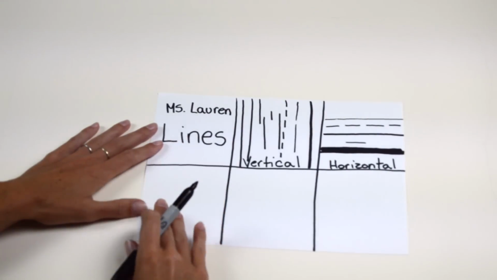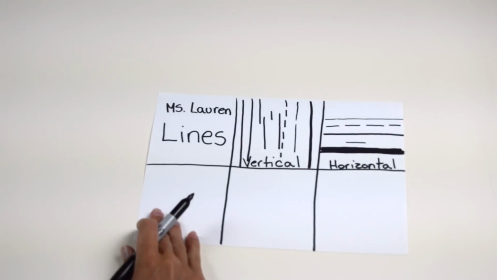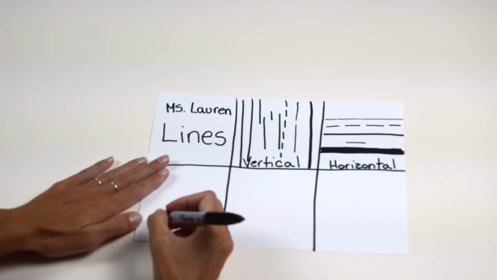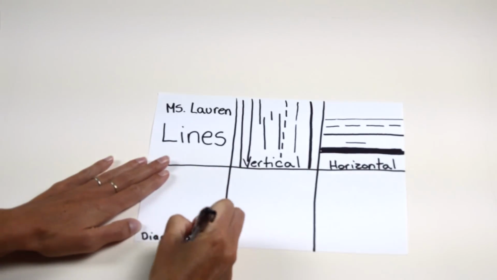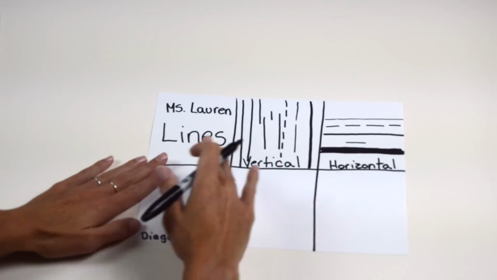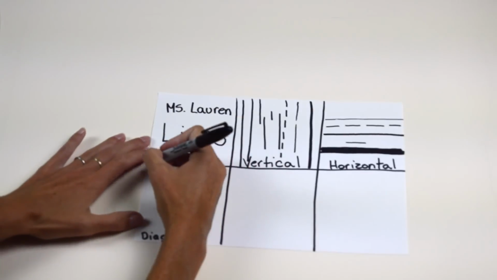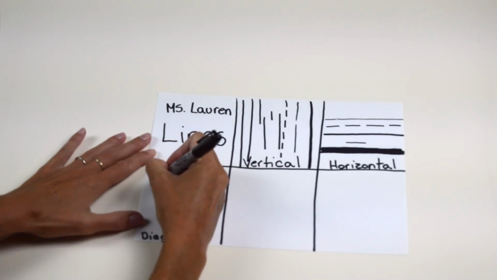Now in the box underneath your name, we're going to practice another type of line, and it's called diagonal. A diagonal line is similar, obviously these are all lines, but this is going to go from top to bottom at an angle.